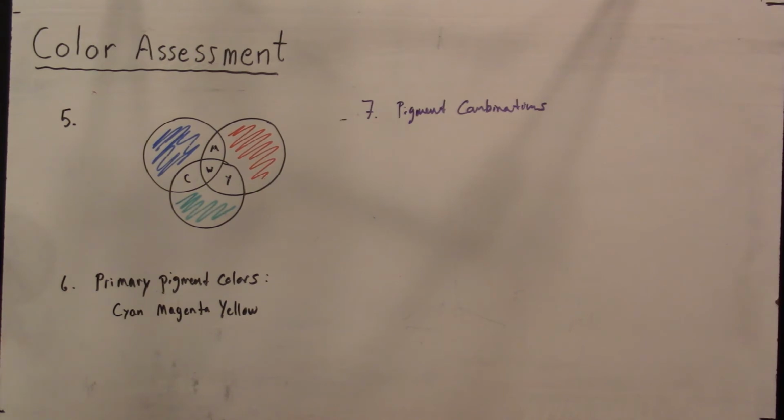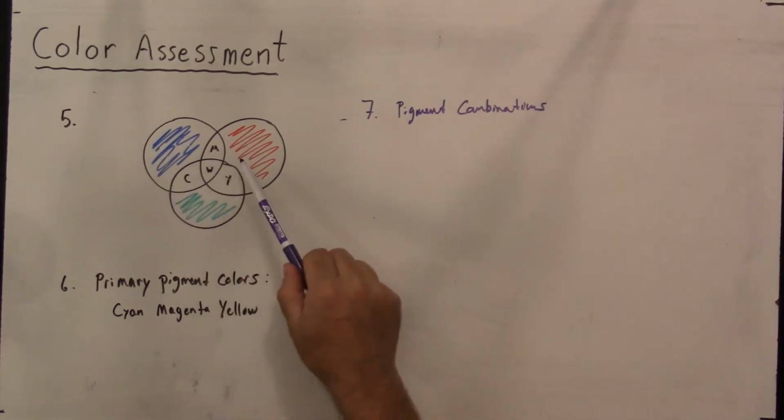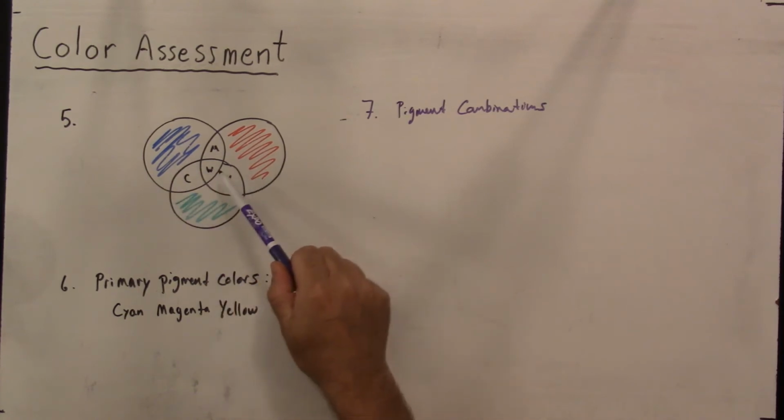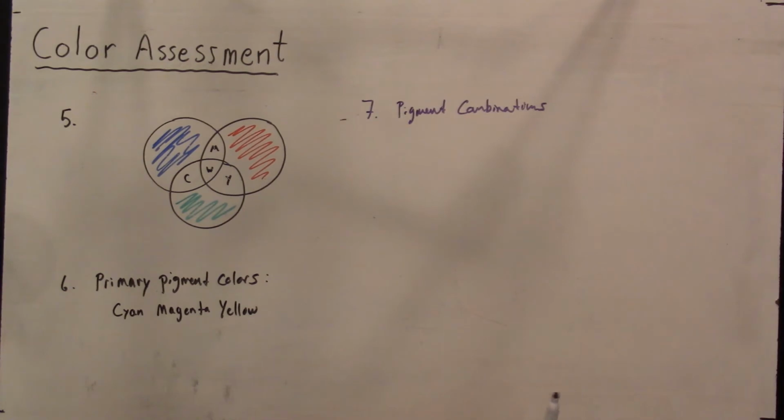So the pigment combinations is actually very interesting, it's exactly the same, only different, let's put it that way, than the light colors. So when we do this, light adds together, and the more light you put in, the lighter it gets. That's why if you put in all 3 light colors, it gives you white. Pigments actually do the opposite. They start subtracting colors out from the white, which is actually pretty interesting.